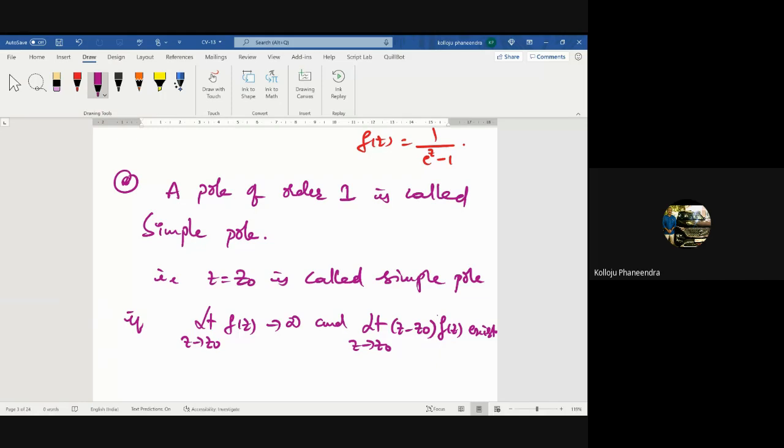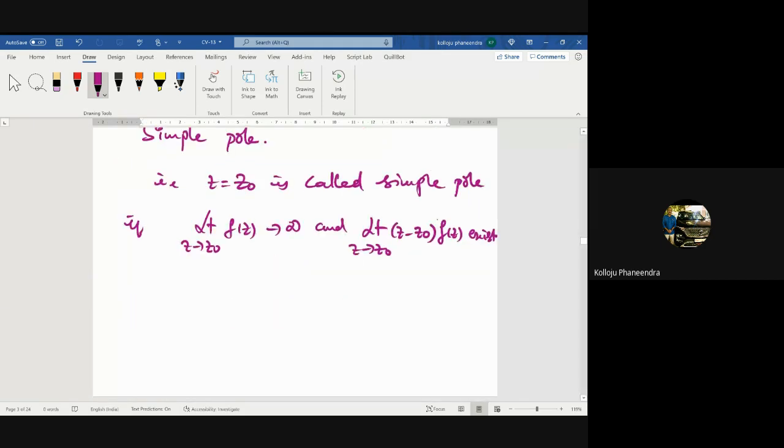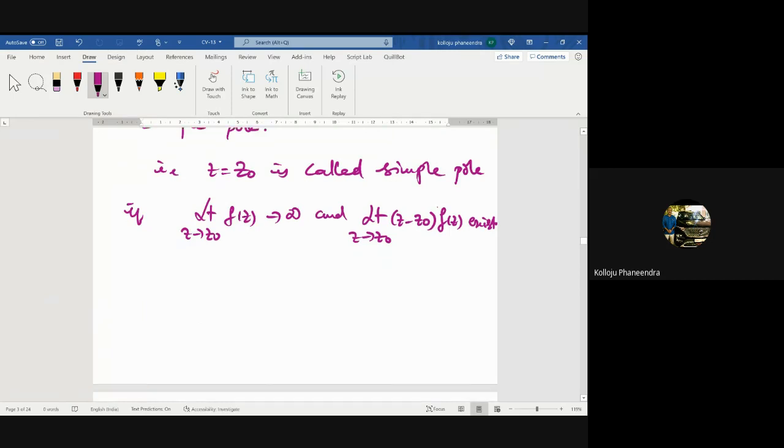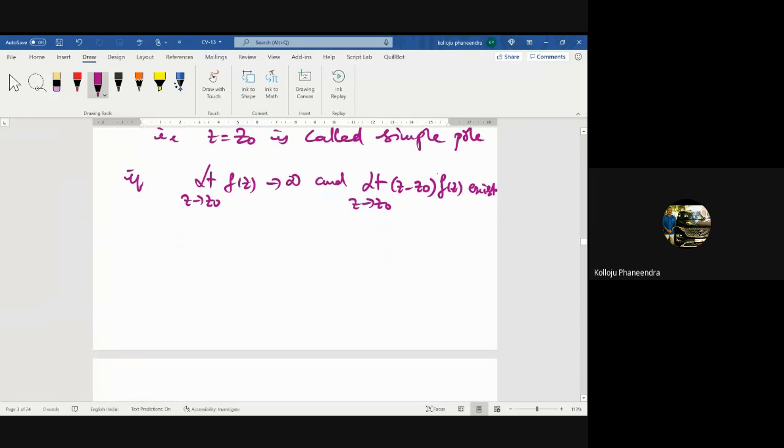There are some shortcut formulae to decide that, that means the residue. No, no need of residue now. Now let me take some problems.